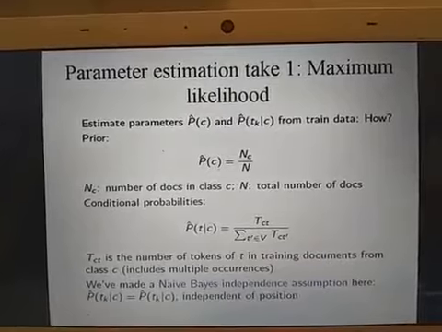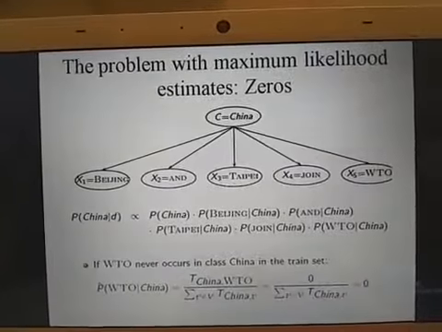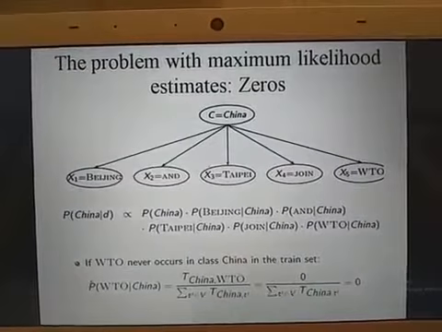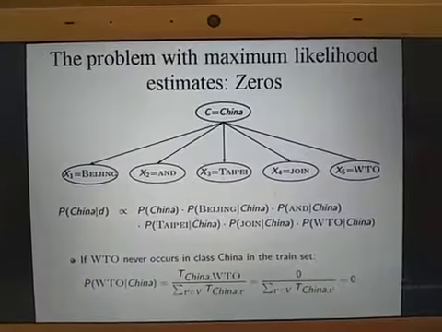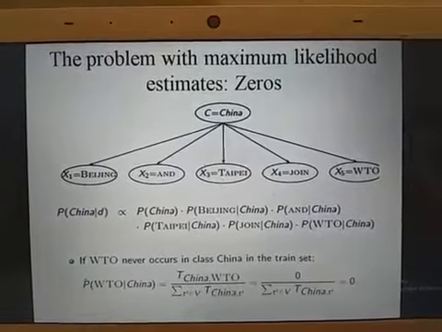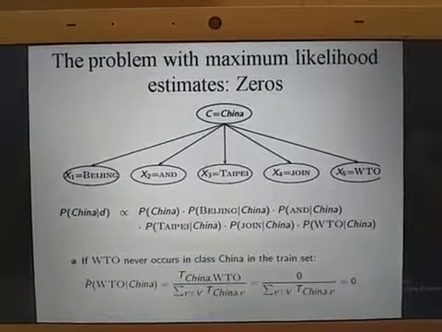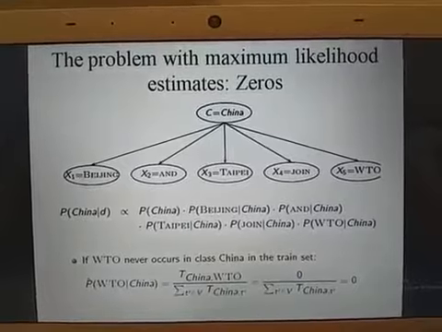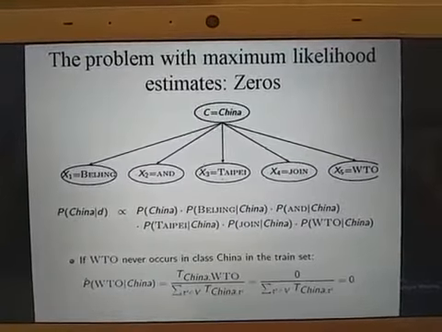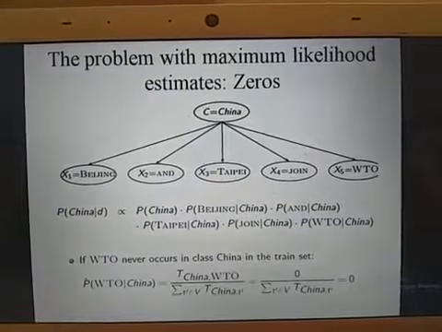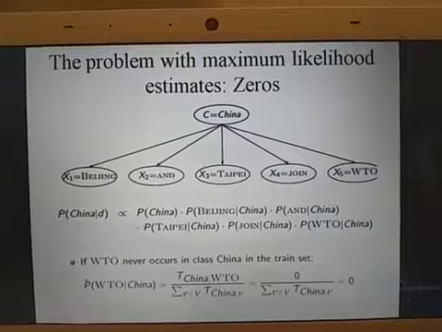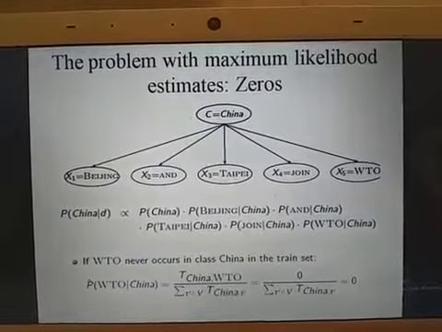So how can we use that expression here to estimate the maximum likelihood? Here, the probability of term WTO given class China is T_CT divided by the summation over all T dash belonging to V of T_CT dash, where C is the class, China, and T is the term, WTO.